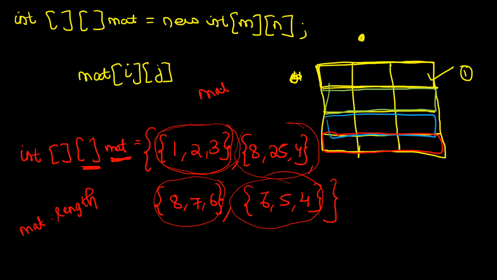So mat of 1 is basically this 1D array, the row with index number 1. The number of elements in this row is the same as the number of columns. So if I find the length of this one-dimensional array, it will tell me how many elements are present in row number 1, which will tell me how many columns are there in the matrix.